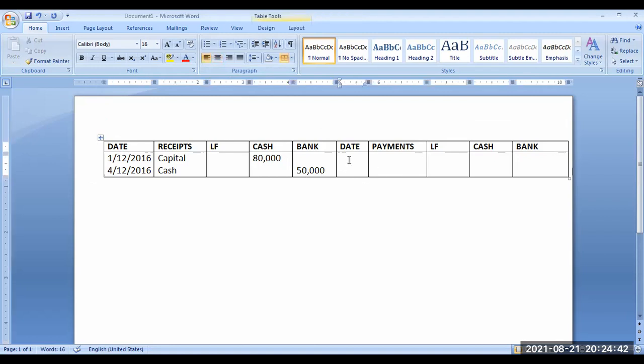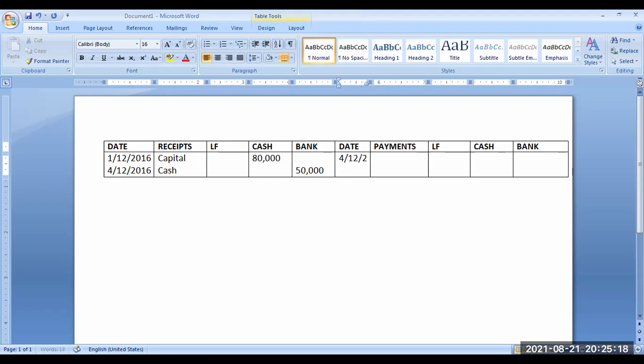So this is the third type of transaction which results in a contra entry. Remember, in three circumstances contra entry will come. First, when you deposit a cheque on some other day. Second, when you withdraw cash from bank for office use. Third, when you deposit money in bank.